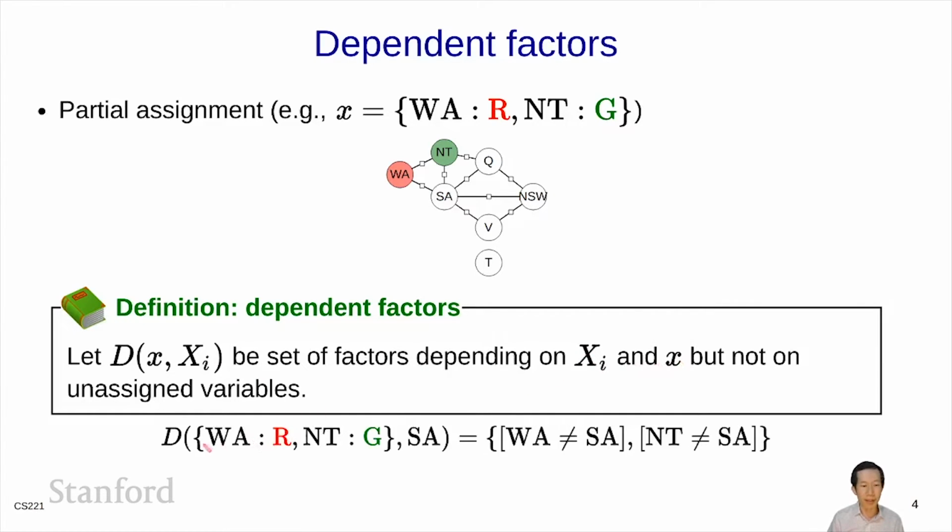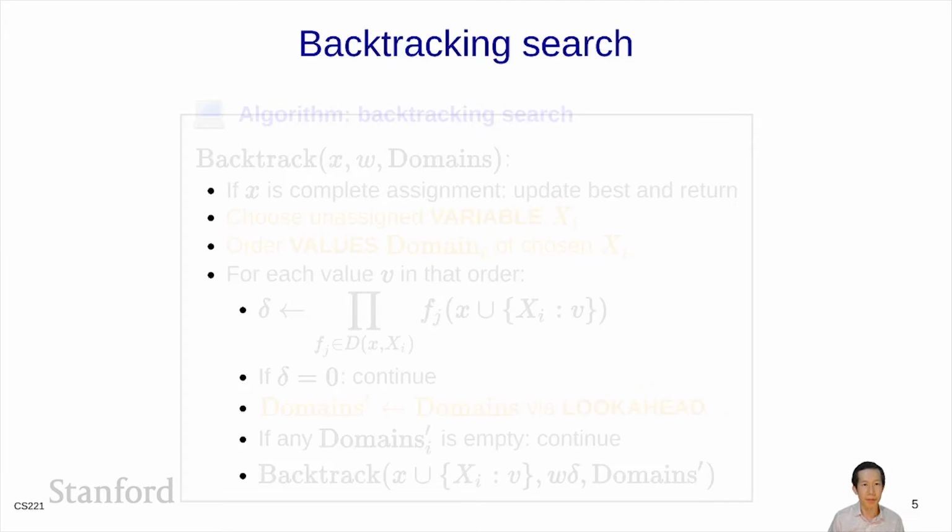For example, D of this partial assignment up here and this variable SA is simply these two factors here. These are the factors that are going to be multiplied in when Xi is set.